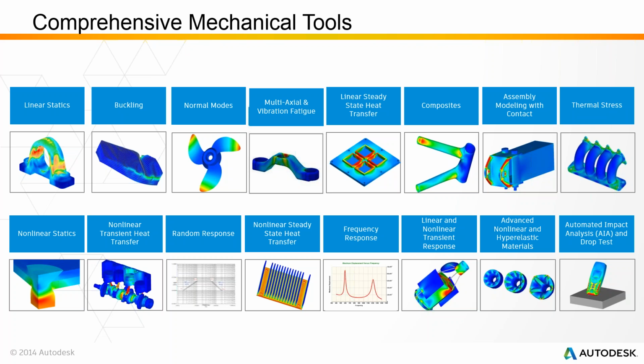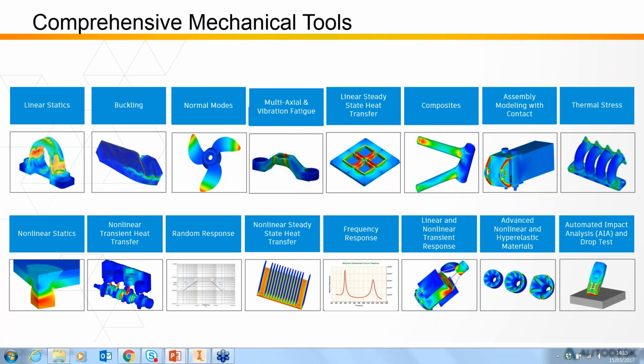You can look at different materials like composites, so this could be plies of material. We'll look how they perform, which ply will fail first. Rubber materials, hyperelastic materials, there's material models in there to handle these highly compressible materials. What happens if things are moving and touching each other or being dropped?